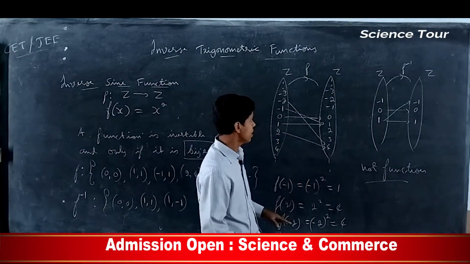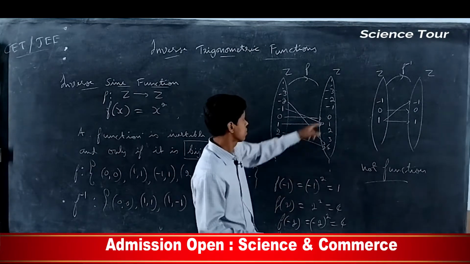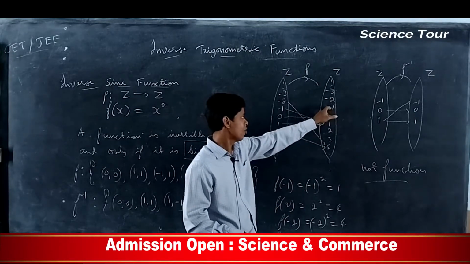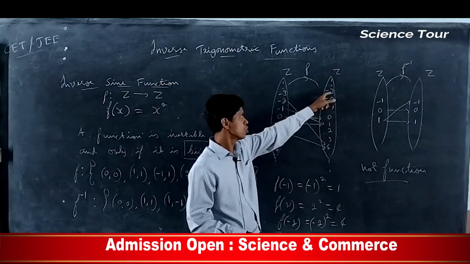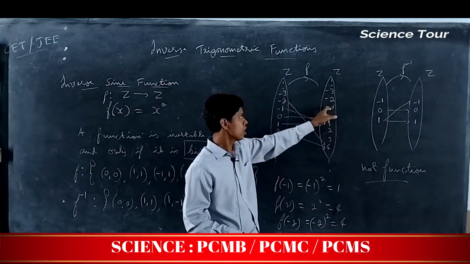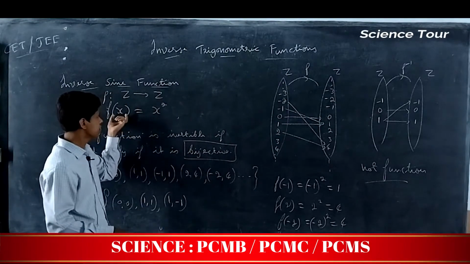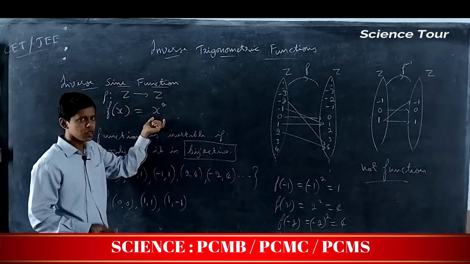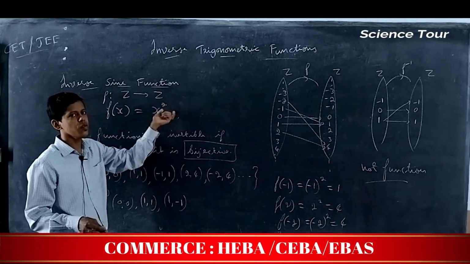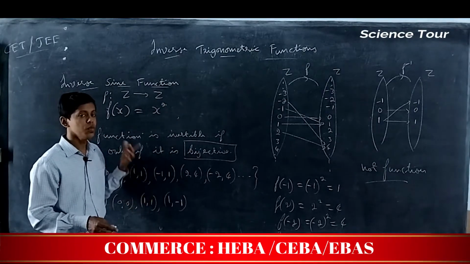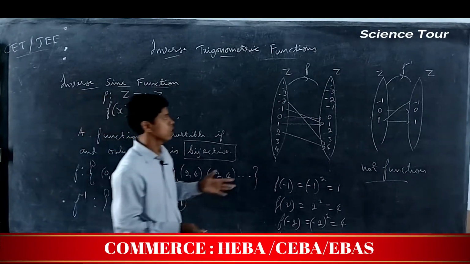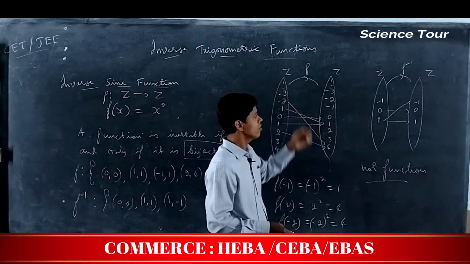You have the examples: minus 1, minus 2, minus 3. Does minus 1 have a pre-image? You put any element here, do you get minus 1? No chance at all, because the square of anything will be positive, it won't be negative. So these elements don't have a pre-image.